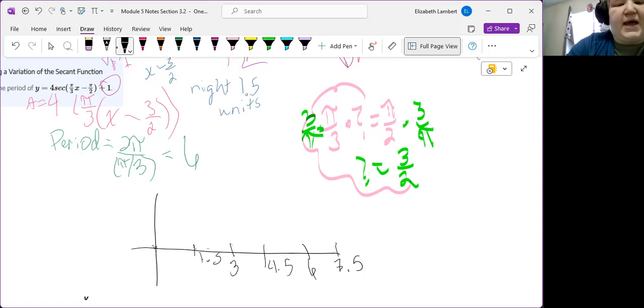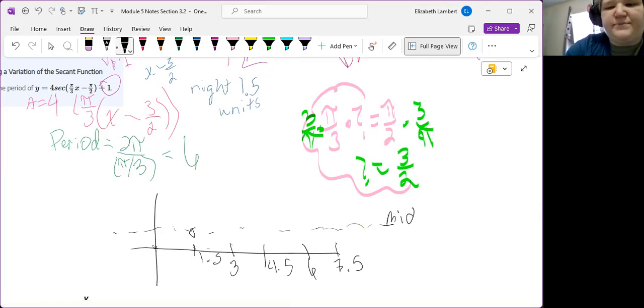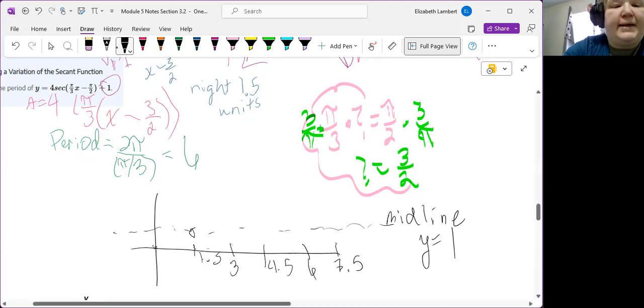All right, so we had our 0, 0 point is to the right, and then it's also supposed to be up at 1. And this is that midline they talked about. All right, now our amplitude we actually need to take into account here.